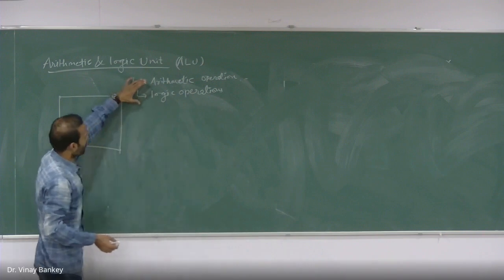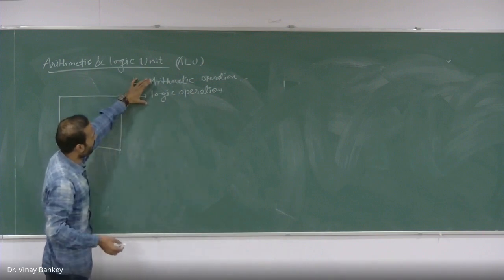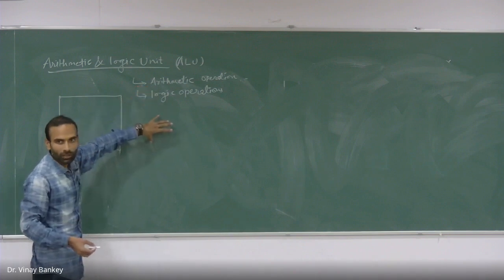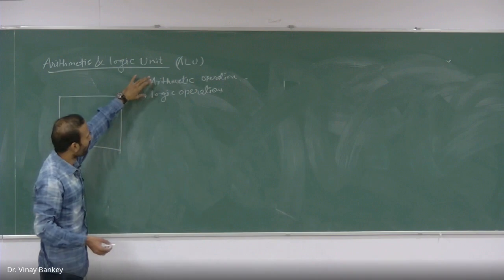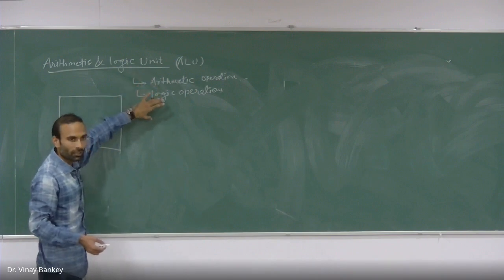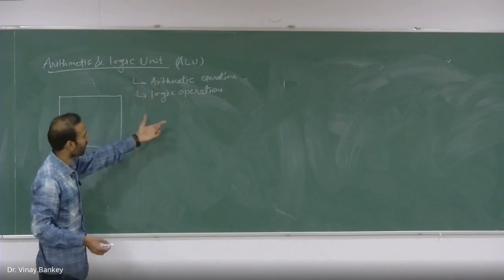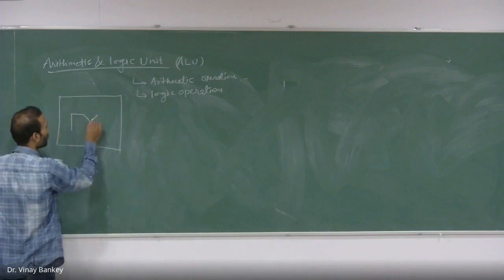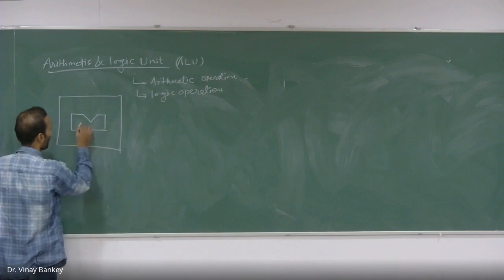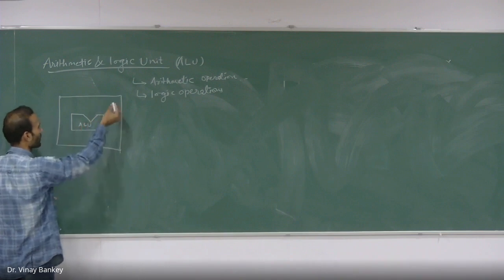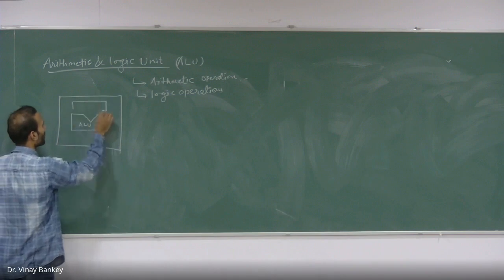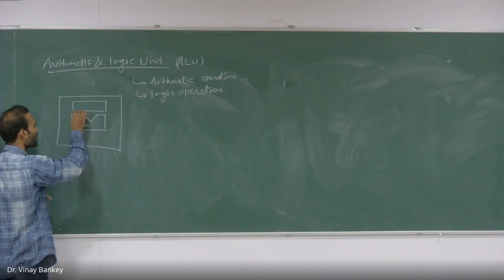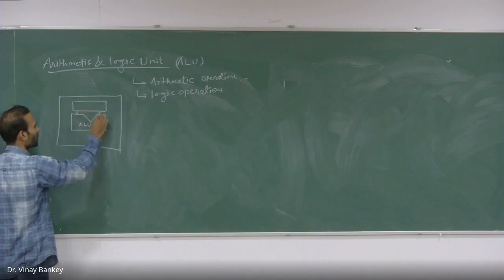So this ALU is performing 2 operations. It means this ALU will have 2 types of units. One will be the arithmetic unit and the second will be the logic unit that will perform the logical operation. In the computer, there will be an ALU which performs these operations, but there is also a controlling unit that sends the information to the ALU about which type of operation it should perform.